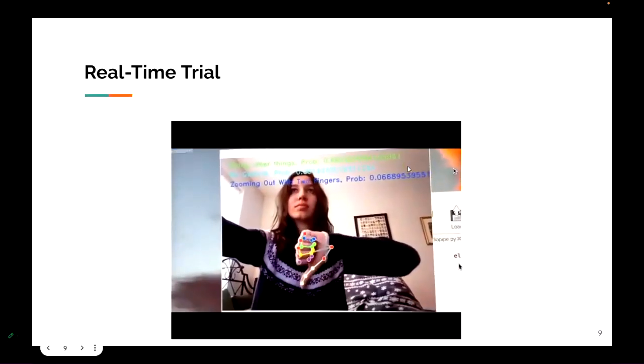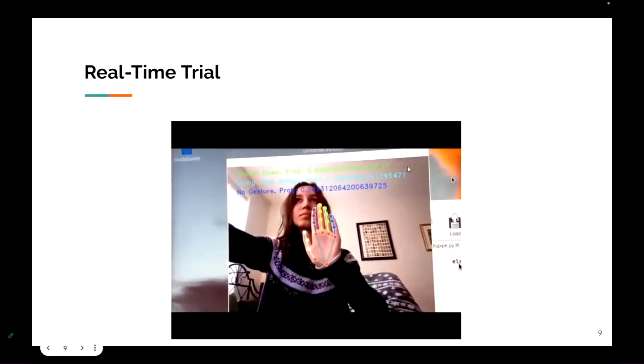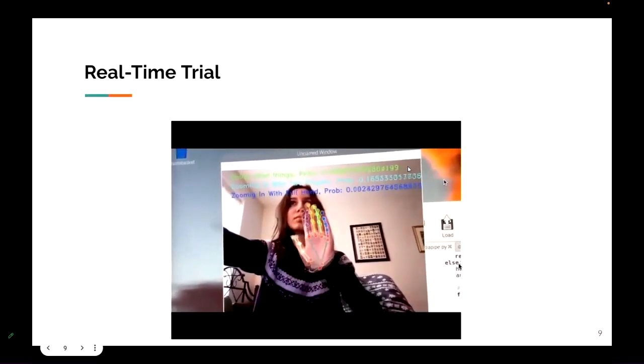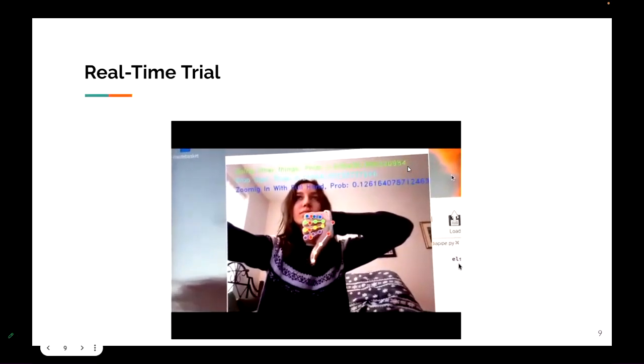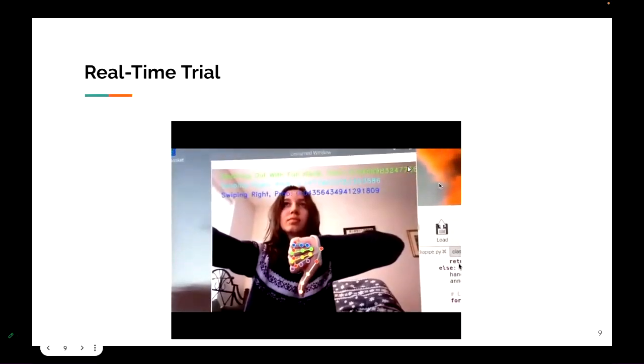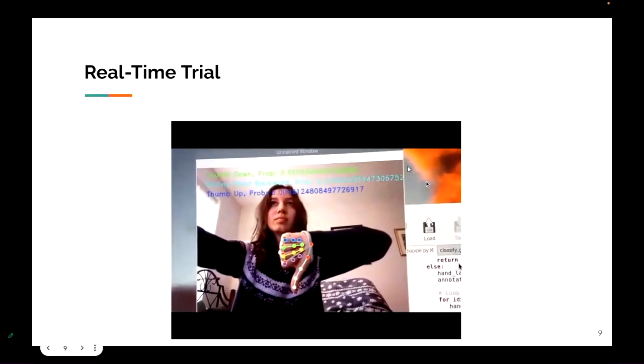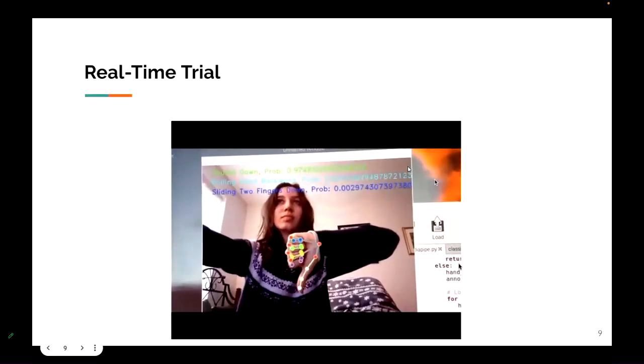Showing the top 3 also shows that certain gestures that were really similar, such as swiping left with full hand versus 2 fingers, or pushing out and stop sign, were right up there. So it gave us a better idea of whether our results were really off or kind of close.